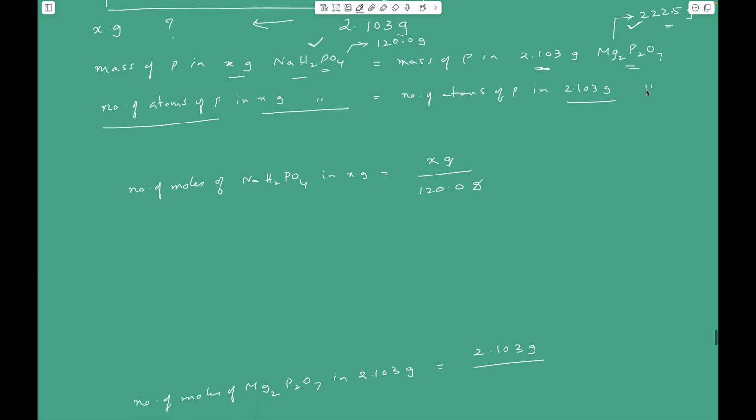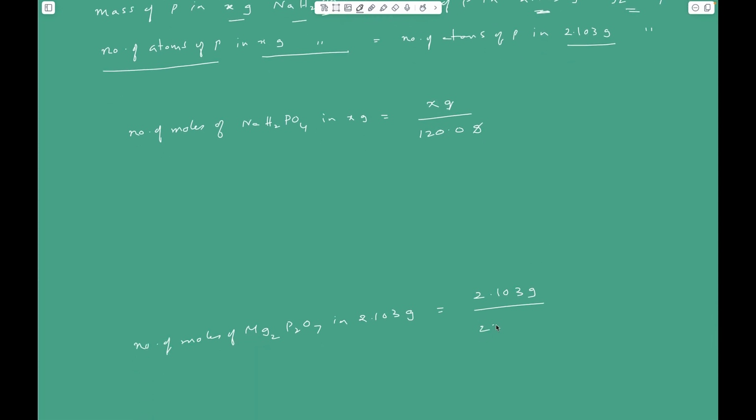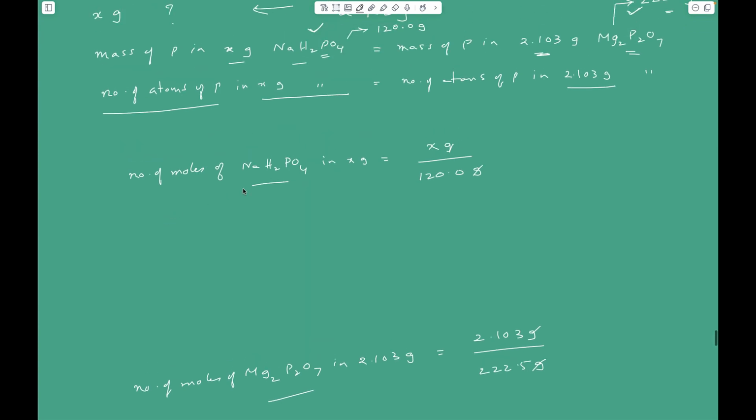This is an ionic compound, so it would be 222.5 grams. Cancel these two. So we got the number of moles of these two compounds. Now, how many formula units are there in so many moles? To get the number of formula units, you have to multiply the number of moles with Avogadro's number, right?